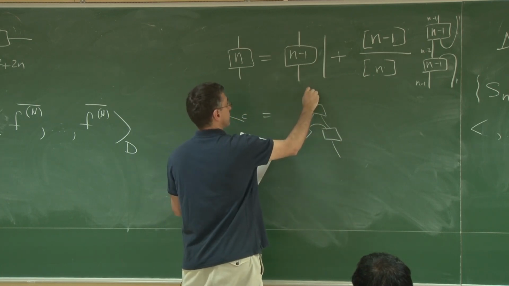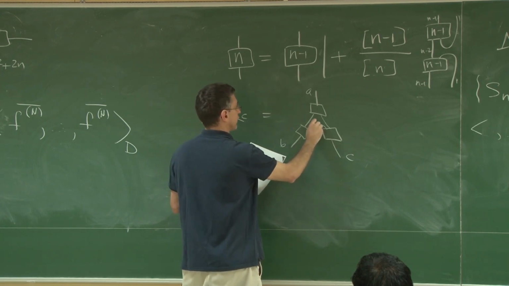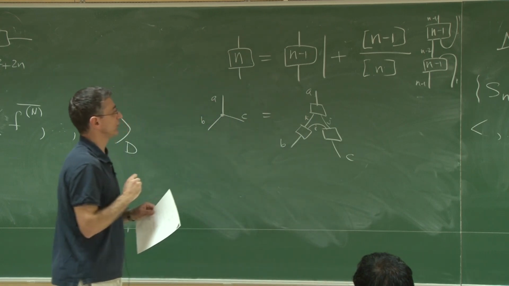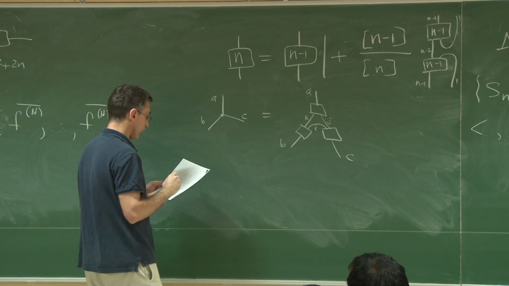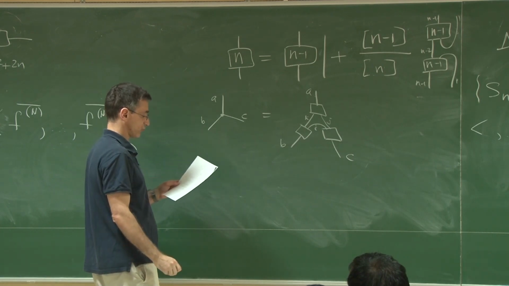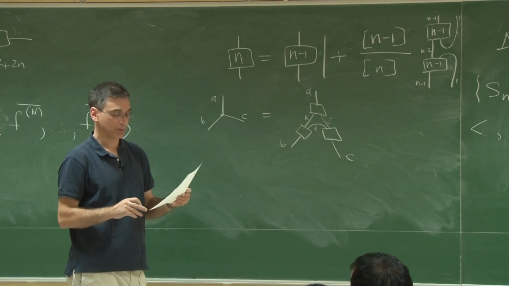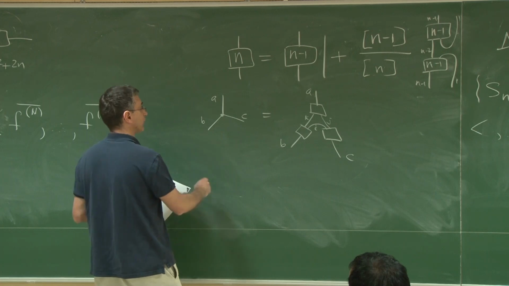So this is A, B, C, and this is I, J, K. So you can get a little trivalent diagram like this. And there are all kinds of formulas that involve these trivalent diagrams. I have a whole sheet of little formulas, but let me show you one example of such a formula.